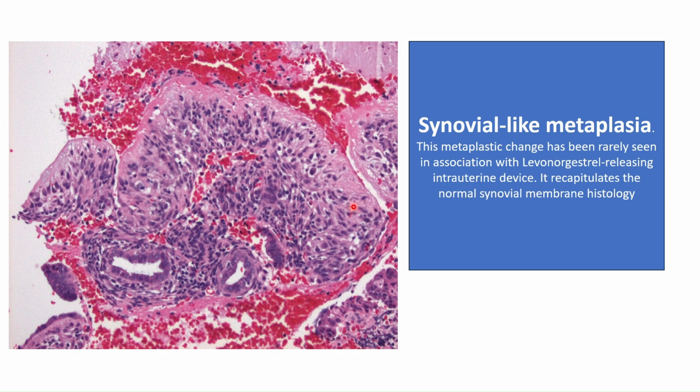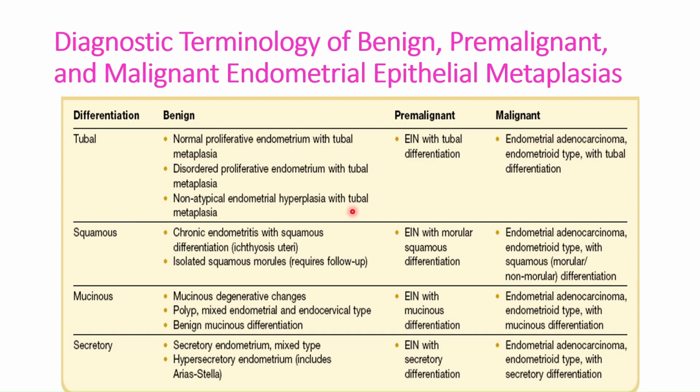So we have seen epithelial and stromal metaplasias. Now, what is the diagnostic terminology of benign, pre-malignant, and malignant endometrial epithelial metaplasias when we find this type of metaplasia? If tubal metaplasia is in a benign condition, it is normal proliferative endometrium with tubal metaplasia.